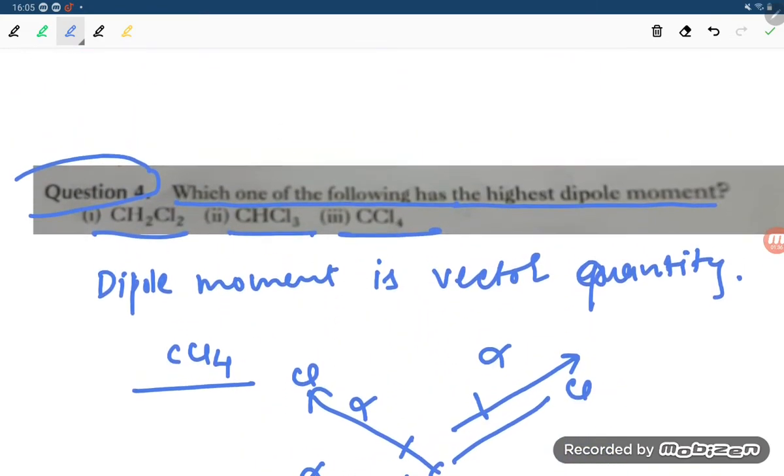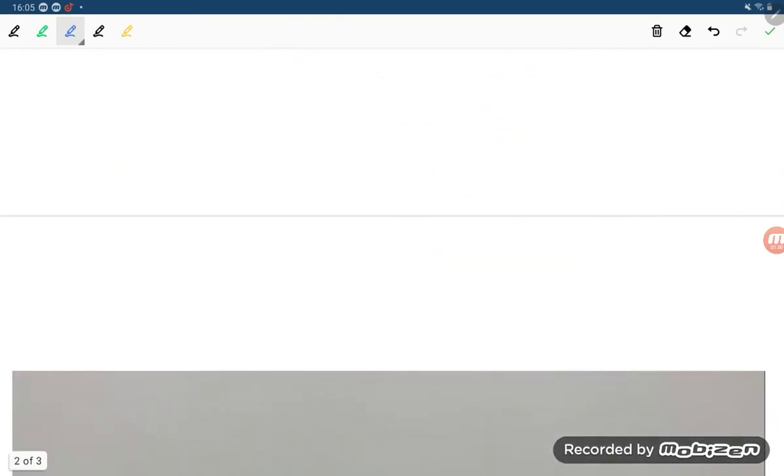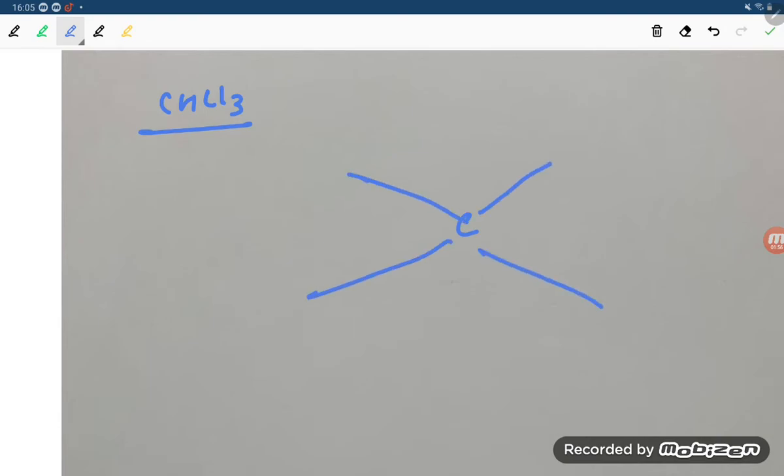The next option is CHCl3. Let us see, student, what would be the dipole moment for CHCl3. Suppose the structure of CHCl3 is like this: here is the hydrogen, student, and 3 Cl.